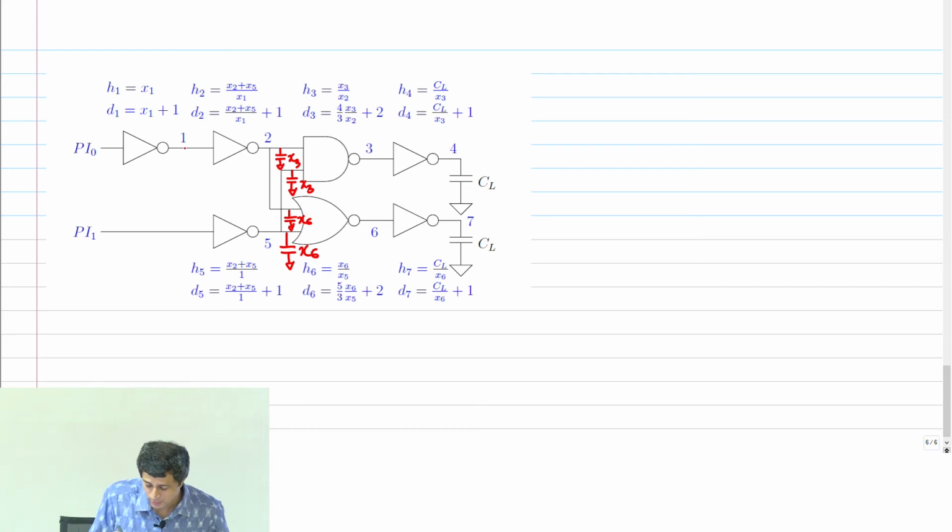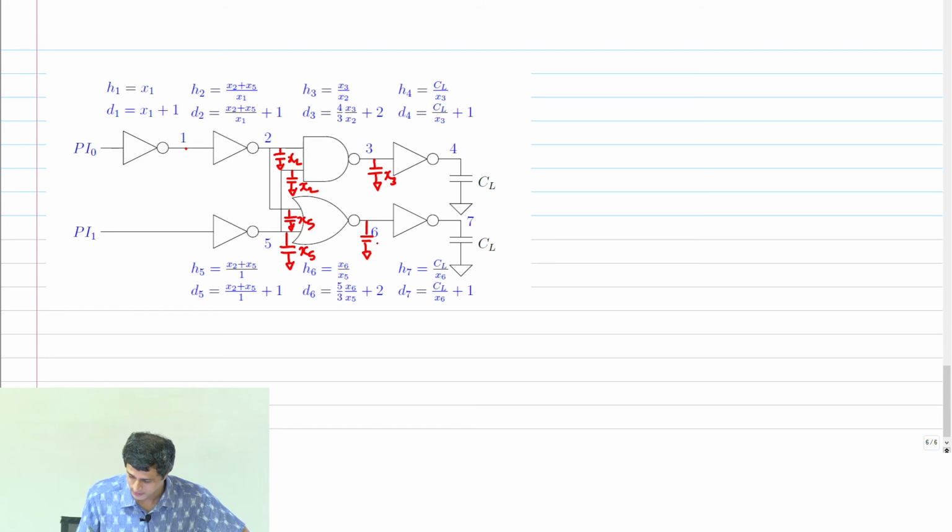So this is basically going to be x1, is it? Oh no, that cannot be the case. This one is x3. This is x2, x2. x5, x5, right?